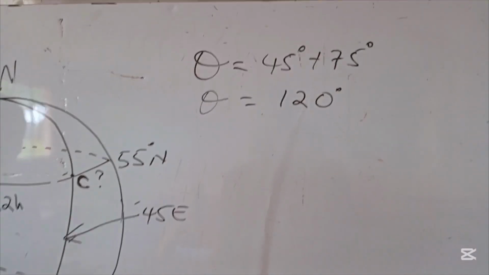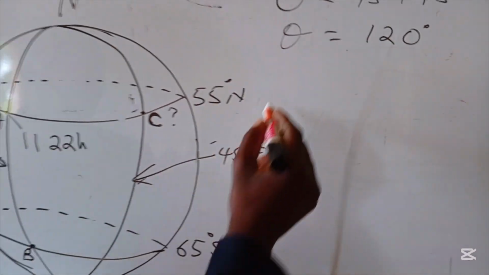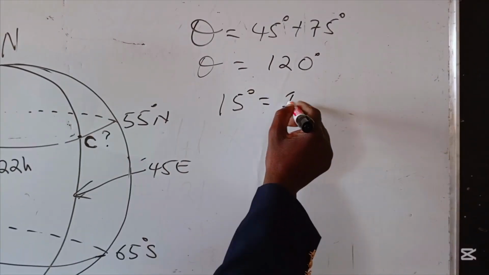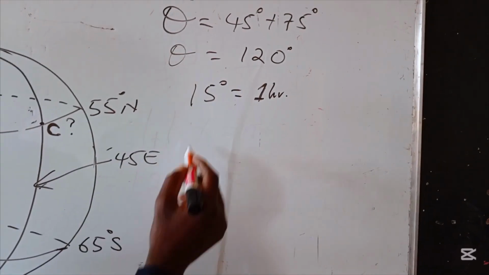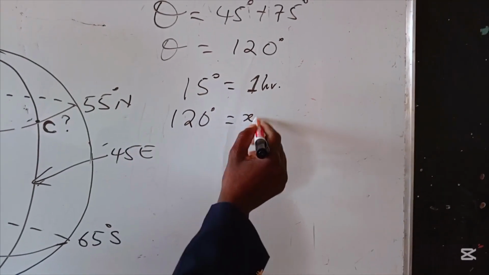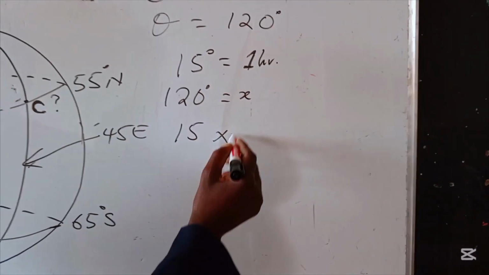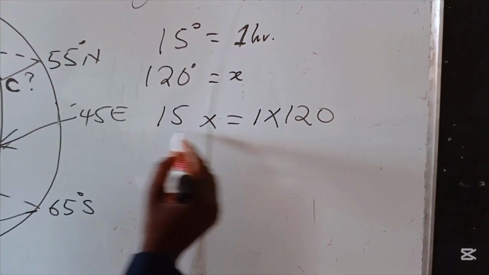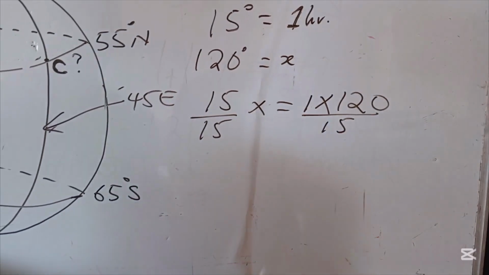I should calculate how many 15s there are, because I know for sure that every 15 degrees is equal to 1 hour. So what about 120 degrees? How many hours? You cross multiply: 15x equals 1 times 120, divided by 15. Why divide by 15?